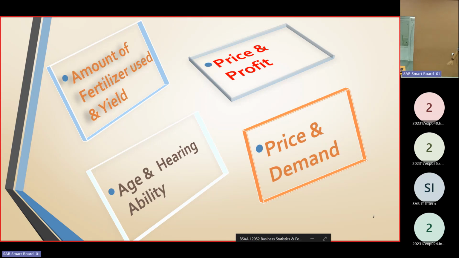Amount of fertilizer used and yield. Price and profit. Age and hearing ability. Price and demand.